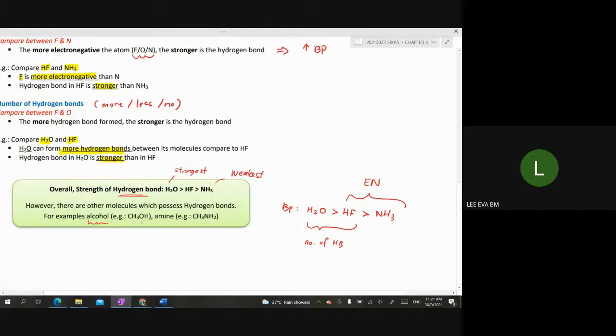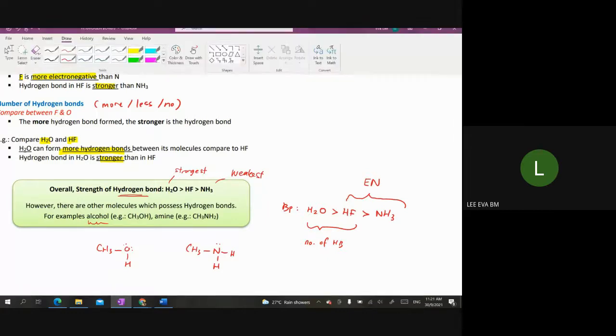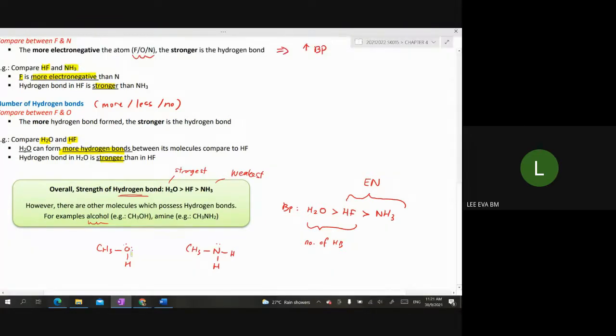Alcohol, CH3OH, if I open up the structure a little bit, you will see the hydrogen directly attached to oxygen. Or you will have amines, with hydrogen directly attached to nitrogen. So alcohols and amines, those are their class names, can have hydrogen bonds.